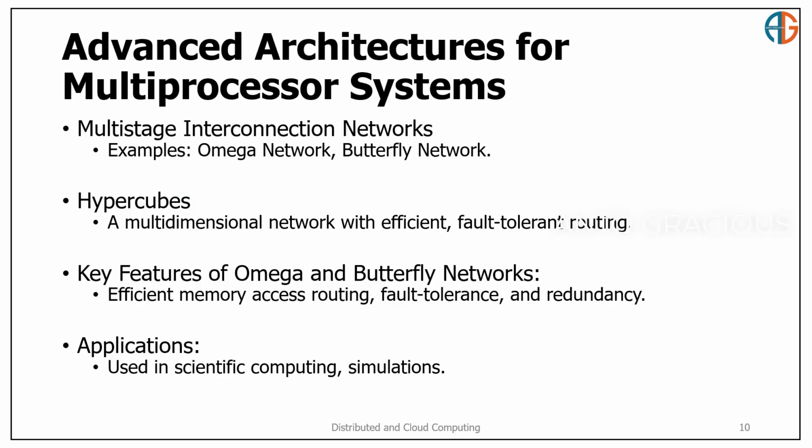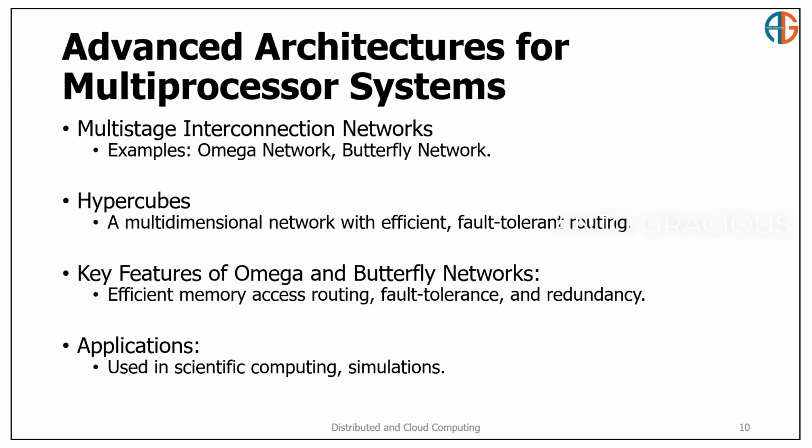Advanced architectures for multiprocessor systems. Advanced architectures enhance the efficiency of multiprocessor systems. Two popular types are: number 1, multi-stage interconnection networks. Examples include Omega networks and Butterfly networks. These networks efficiently route data between processors, minimizing delays and avoiding bottlenecks.